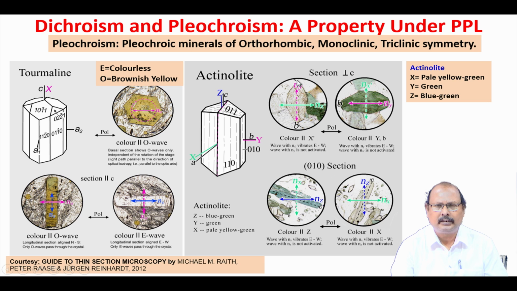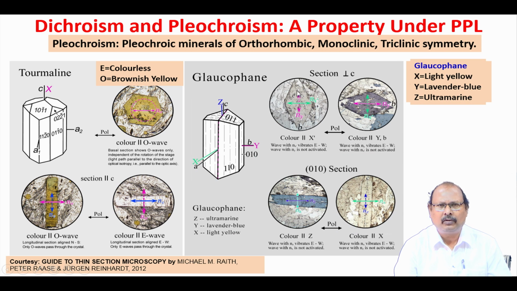And when you rotate 90 degrees, you have the y vibration direction, that will be your y color, that is green. But if you have the principal section of the indicatrix or xz section, then when you orient the z vibration direction parallel to the polarizer vibration direction, the color is bluish green. So, accordingly you can determine, depending on the different optic orientation of the actinolite crystal, the color corresponding to x, y and z.